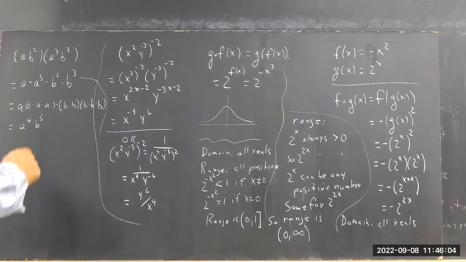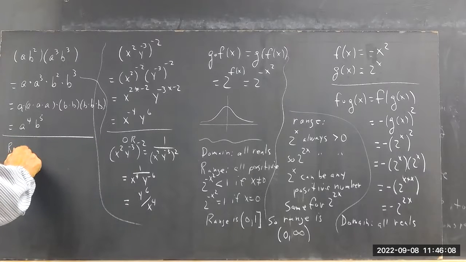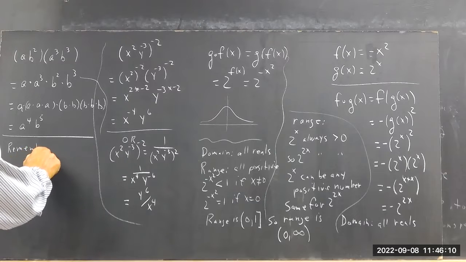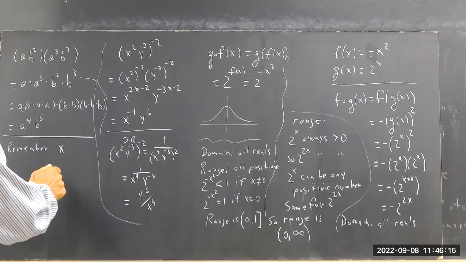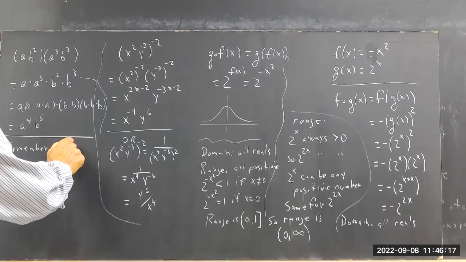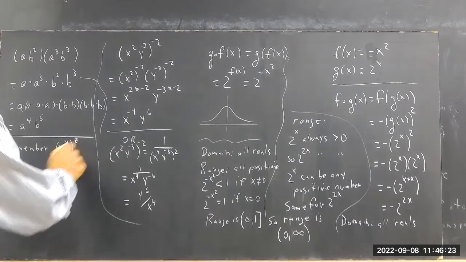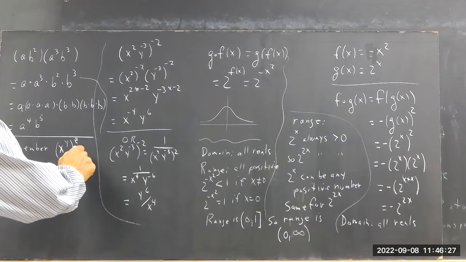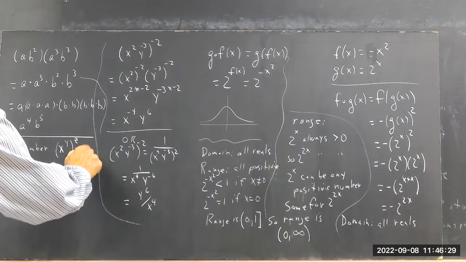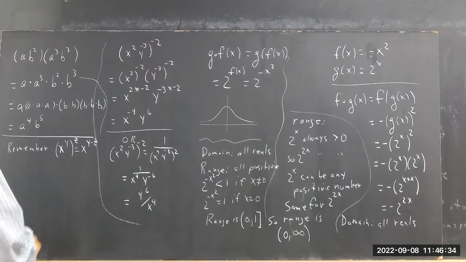And so the rule for exponents: x to the y to the z is x to the y times z.